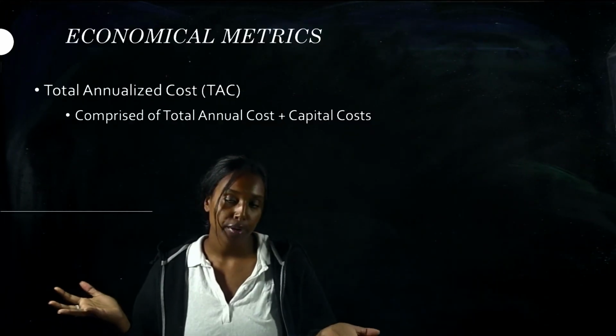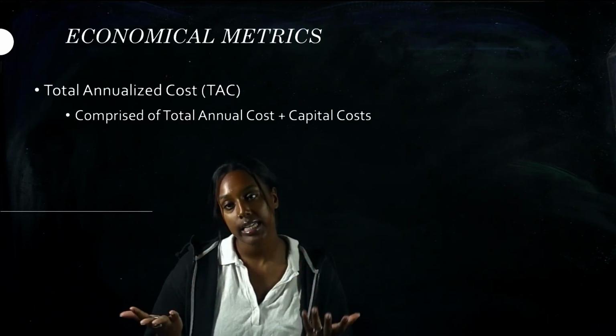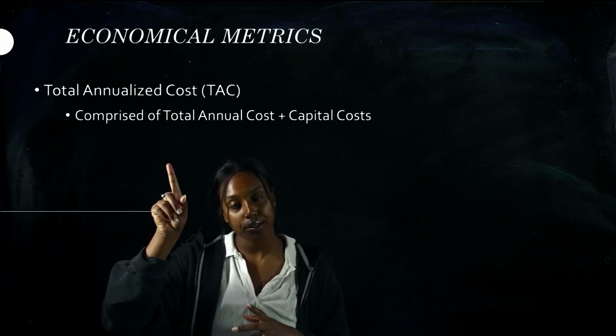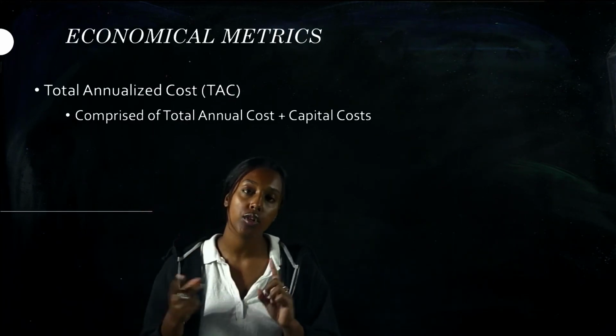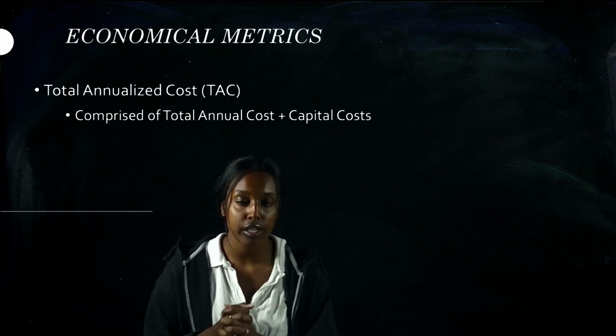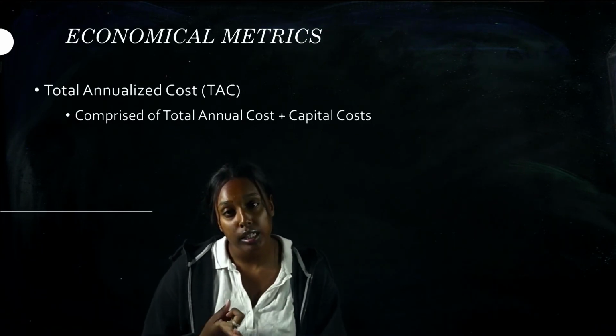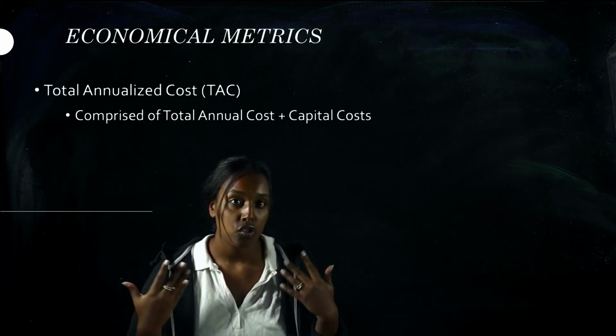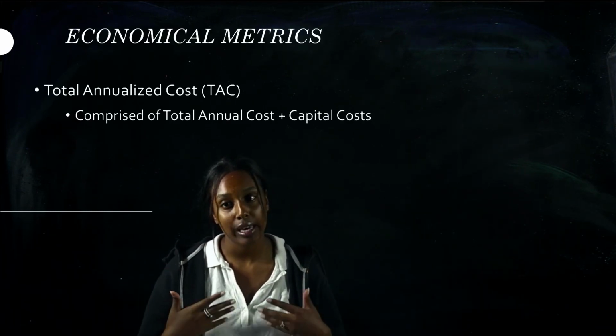We just talked about the economics pillar, and now we're going to discuss its metric that's most commonly used, the total annualized costs, which is comprised of total annual costs and capital costs. The annual costs are referring to things like paying for utilities, paying for employees as wages, paying for insurance, just those continuous costs that you pay yearly.